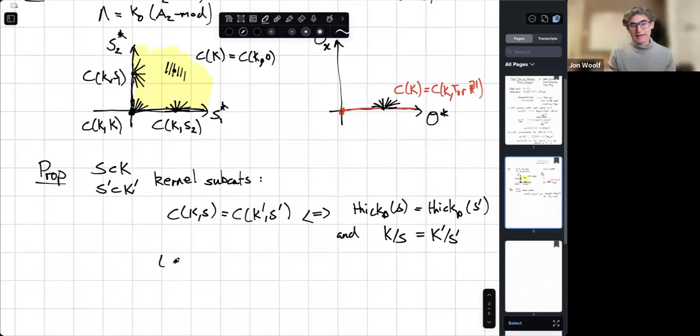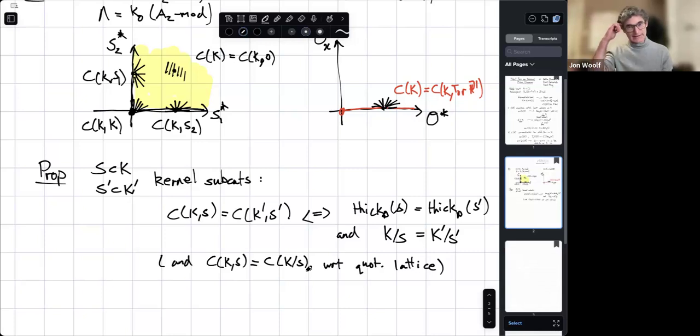And in fact, in this case, you can really identify this face itself as a heart cone, and it's the heart cone for this bounded heart, just with respect to an appropriate quotient lattice. So all of these faces which are appearing are really in their own right heart cones for quotient categories.